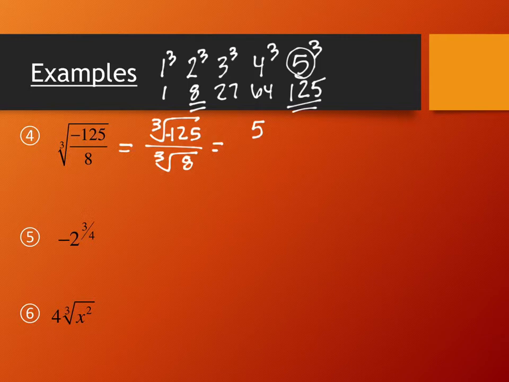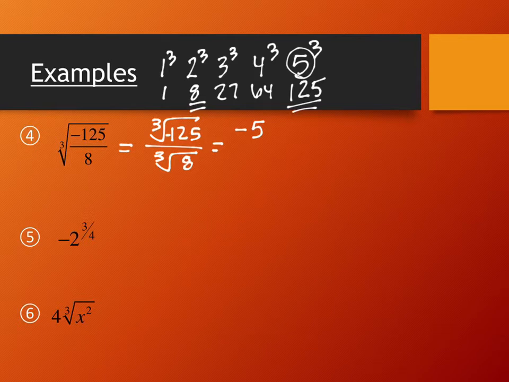If I multiply 3 things together, I can still get a negative. It just means they were 3 negatives multiplied together. A negative times a negative times a negative is still negative. So this isn't just 5, it's actually negative 5, because negative 5 times negative 5 times negative 5 is negative 125. It works when I have indexes that are odd.